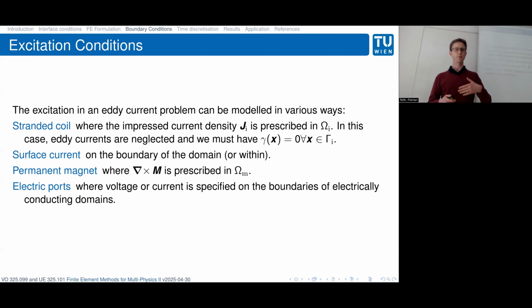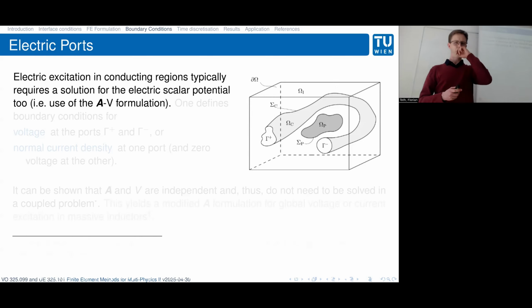Okay, so let's look at these electric ports a bit more in detail. So we consider some conductive region, omega C, that has boundaries with the domain boundary. So this gamma plus and gamma minus, and those will be our electrical ports.